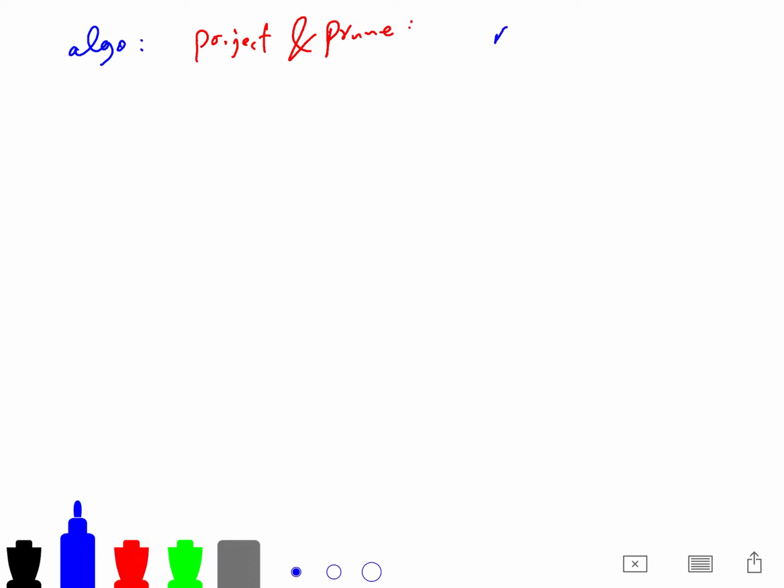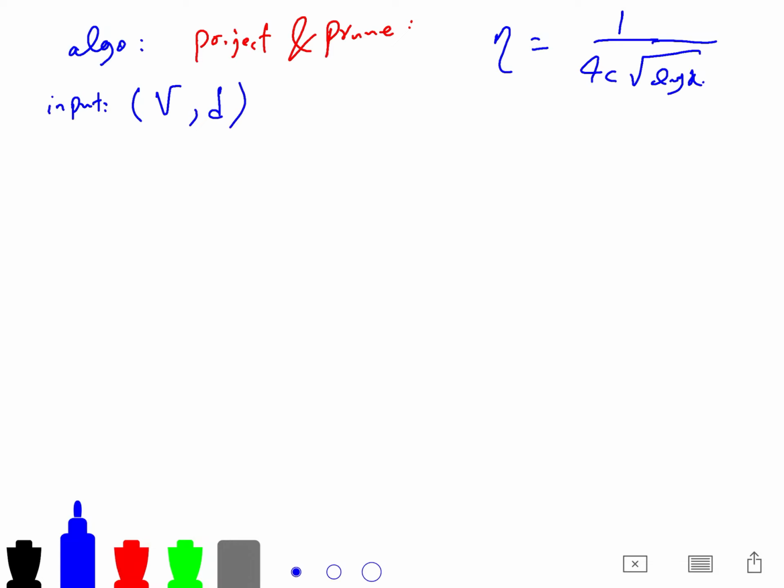So you have some fraction of terminals, and eta is 4c log k. K is the number of terminals, and the input of this algorithm is just your vertices and the metric d.